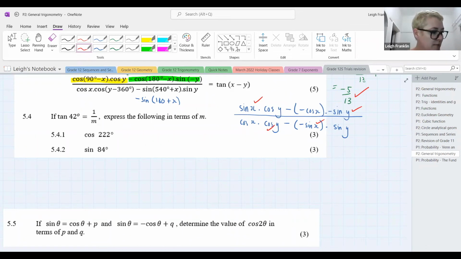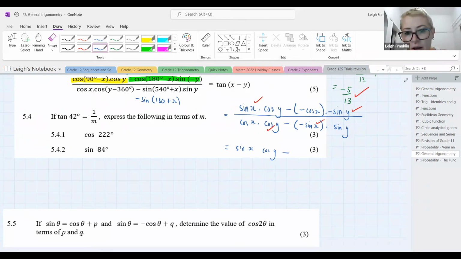Now that we've done that, we can sort out some signs, and a negative times a negative is a positive. In our next line, we're going to end up with sine x cos y. And then here, minus, minus, but then we're multiplying by another negative, so that means it's going to end up being negative, isn't it?